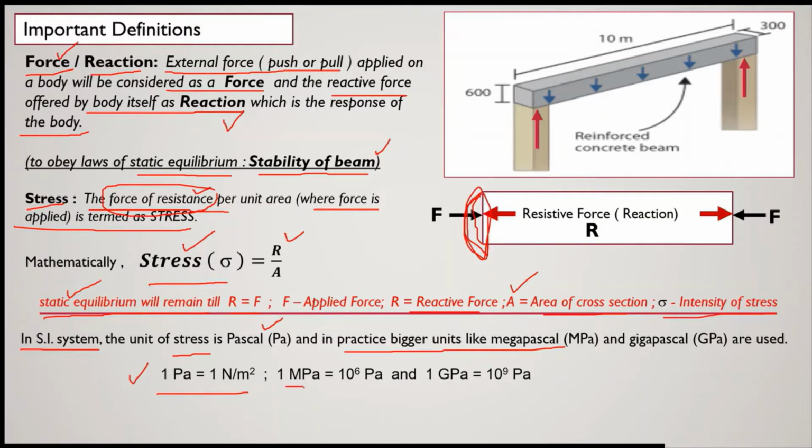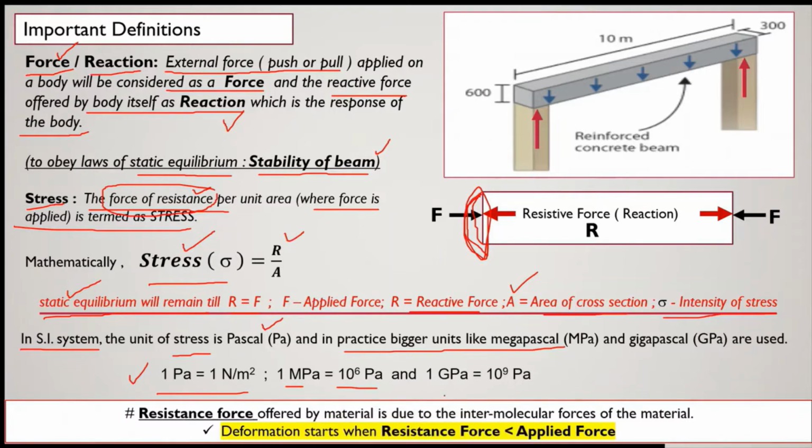And 1 megapascal is 10 raised to power 6 Pascal, and 1 gigapascal is 10 raised to power 9 Pascal. So again, we have to keep in mind this tagline: deformation starts or occurs when the resistance force is less than the applied force.